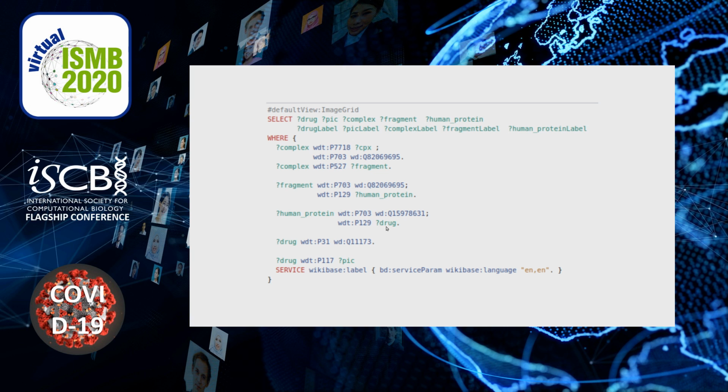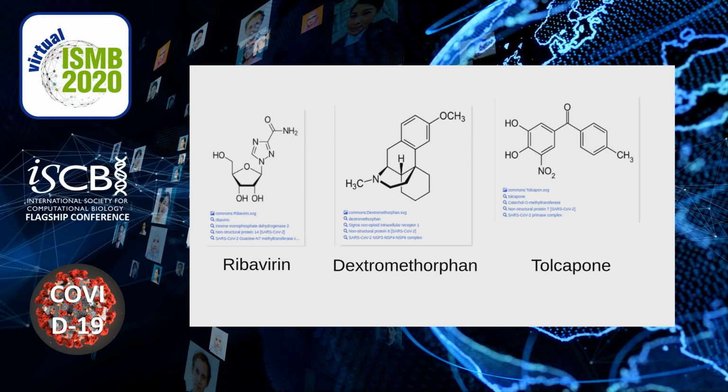So basically, it's a simple way of looking for drugs that bind proteins that bind SARS-CoV-2 proteins. I mean, it's a bit complex, but it's easy to detail it explicitly in a SPARQL query. And then you find, for example, drugs that bind human proteins that are targets of SARS-CoV-2 proteins. You get it. All right.